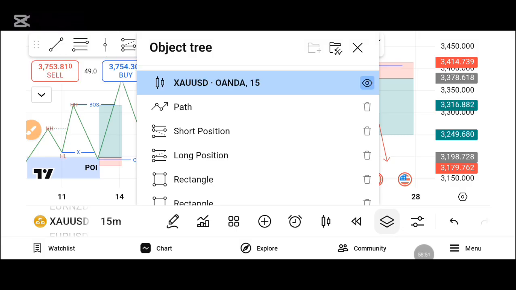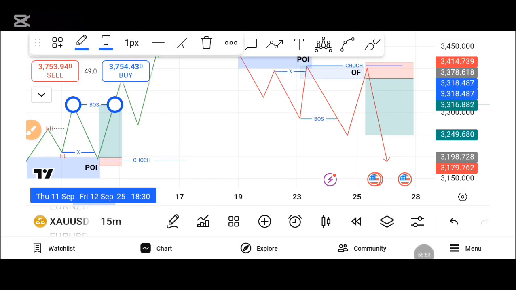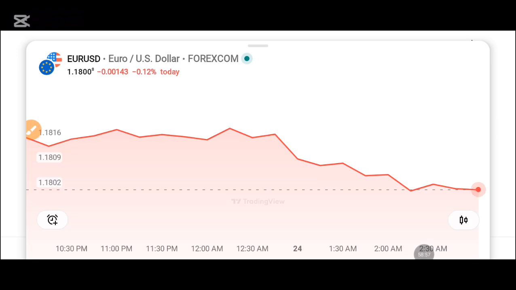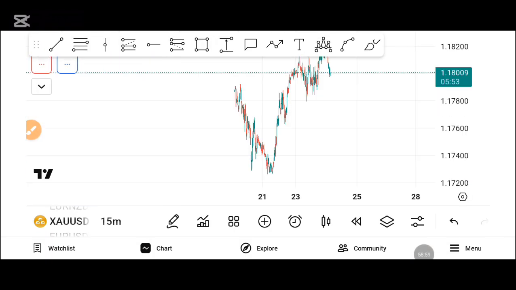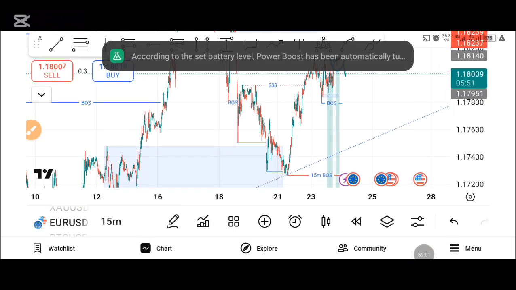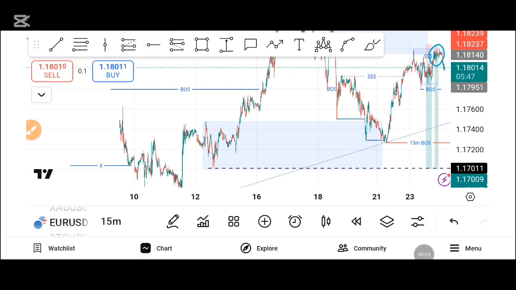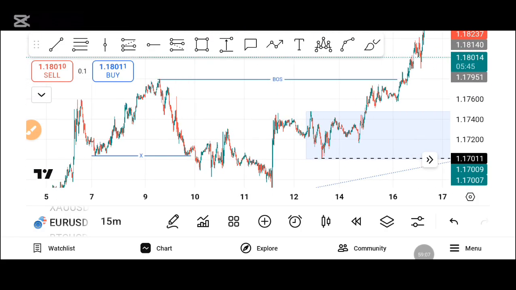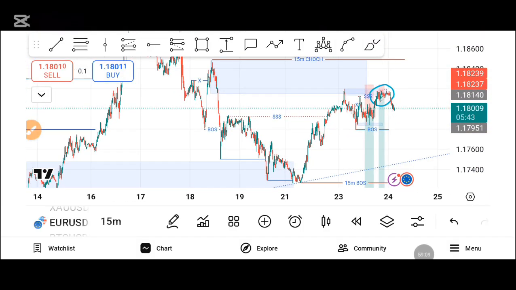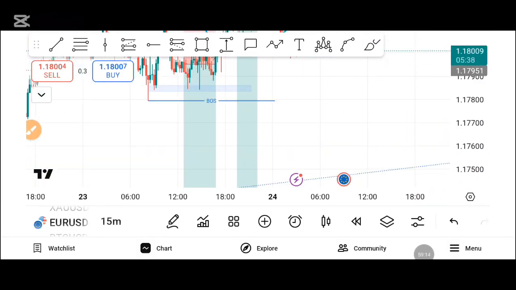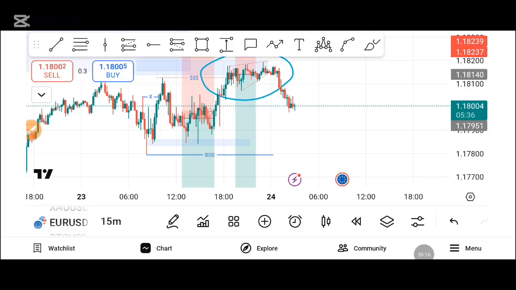So this is what I mean. We are going to be analyzing structures together, how we mark this structure here, how you can take your trade, alright. So this is what we're going to be looking at.